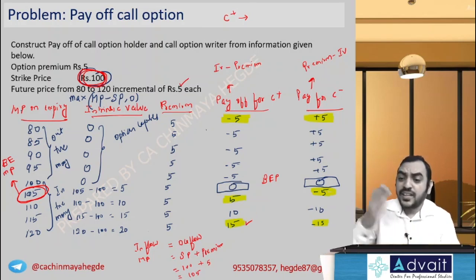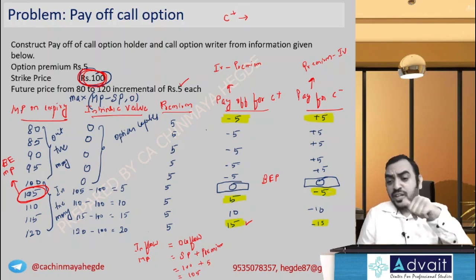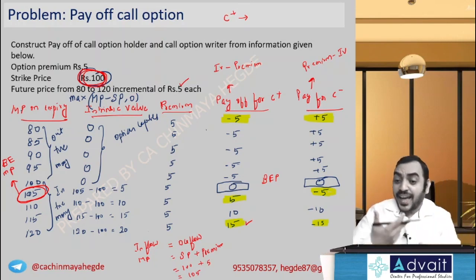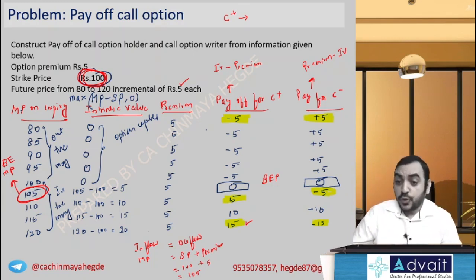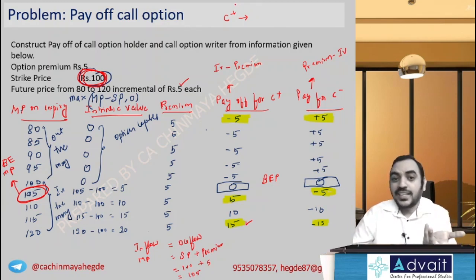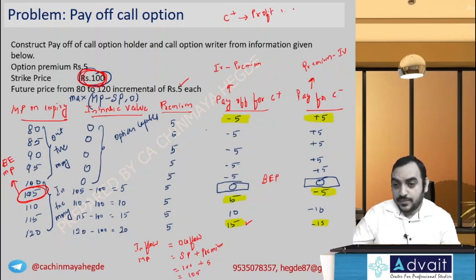Profit will keep on increasing: 15, 20, 25, 30, 35. As the market price goes up, his profit also goes up. So we say profit chances are unlimited. Nobody gets unlimited profit, but possibilities are unlimited. So profit is unlimited.